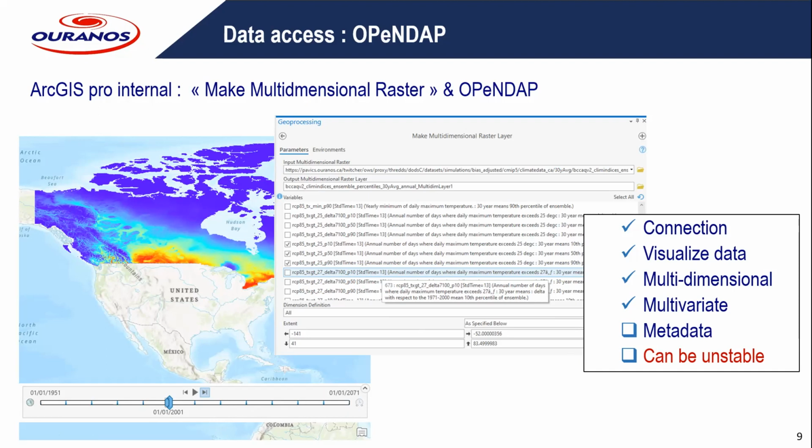Investigating load on the THREDDS server itself, the tools that we have to monitor things on our end at Uranus didn't seem to indicate anything drastic. So the hypothesis is that it's on the client side, on the ArcGIS Esri side, that things get unstable with these remote layers. But all in all, that was much more successful than what we had with the web coverage service protocol.